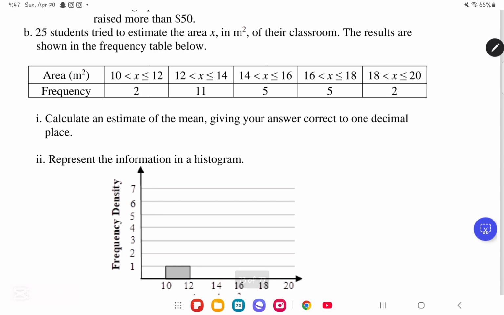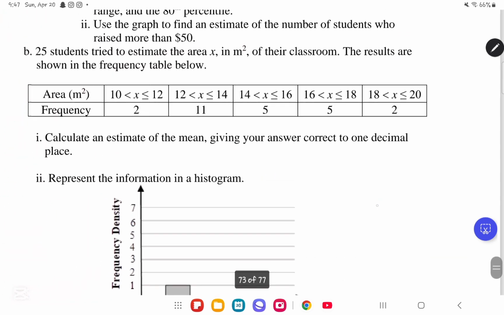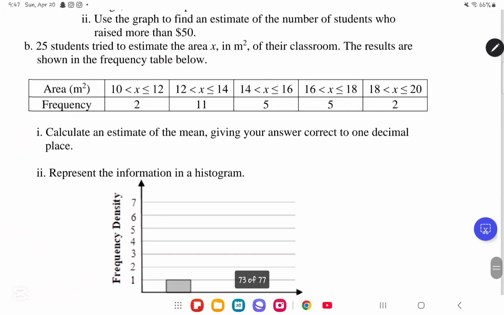A student tried to claim, okay, whatever, represent the information in a histogram. Look, for this one they need us to find the mean. To find the mean, we just need to find the mid-intervals. For the mid-interval, you just add the 2 digits and divide by 2. These are the mid-intervals on top, and you have the frequency.